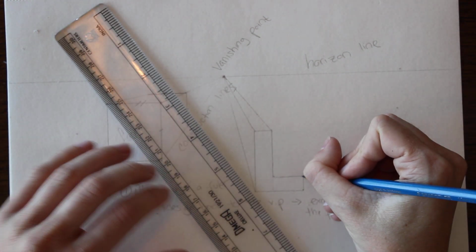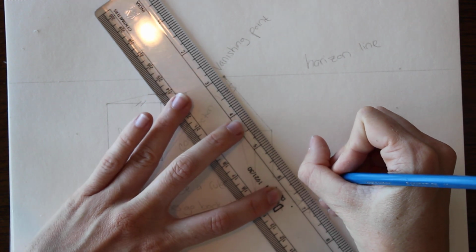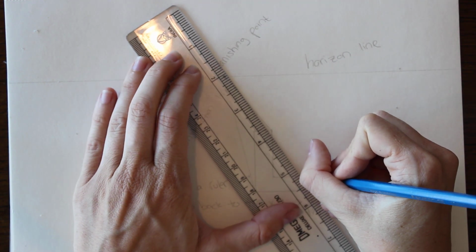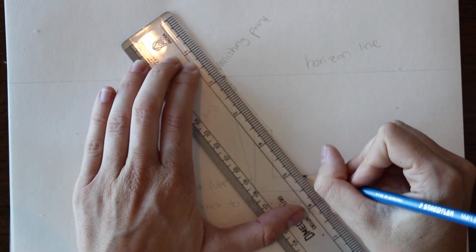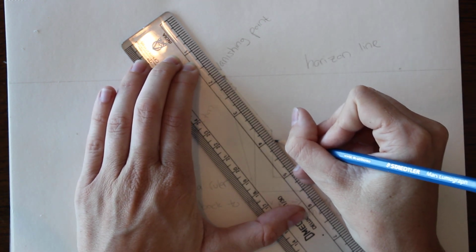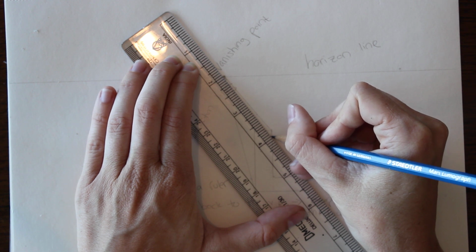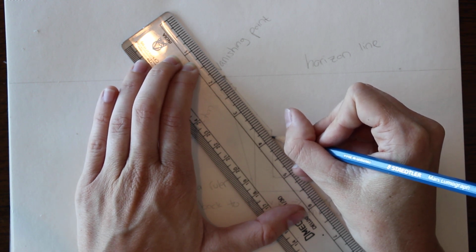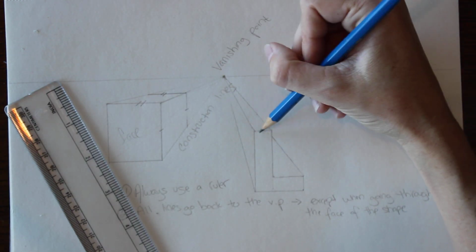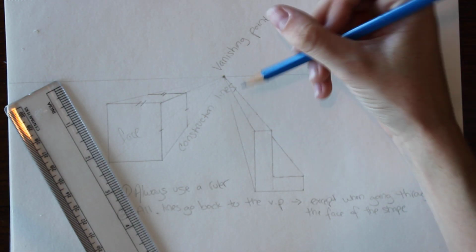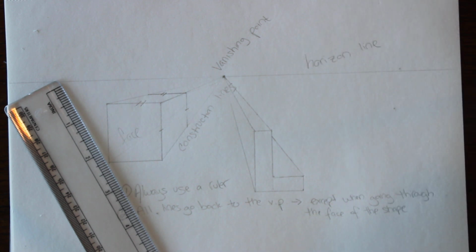So, how about this line? Definitely. Now, here's an interesting one. I'm going to line it up to my vanishing point, and from the corner I'm going to draw, but now I'm hitting the face of the shape. Does it make sense to go through it or to stop? So if I remove my ruler, I can see that if I continued, it would have cut through the face of the shape.